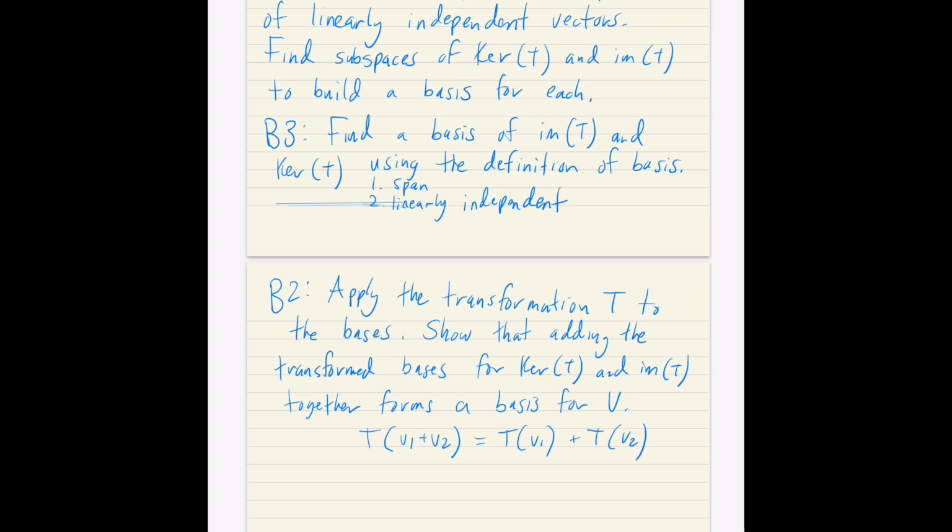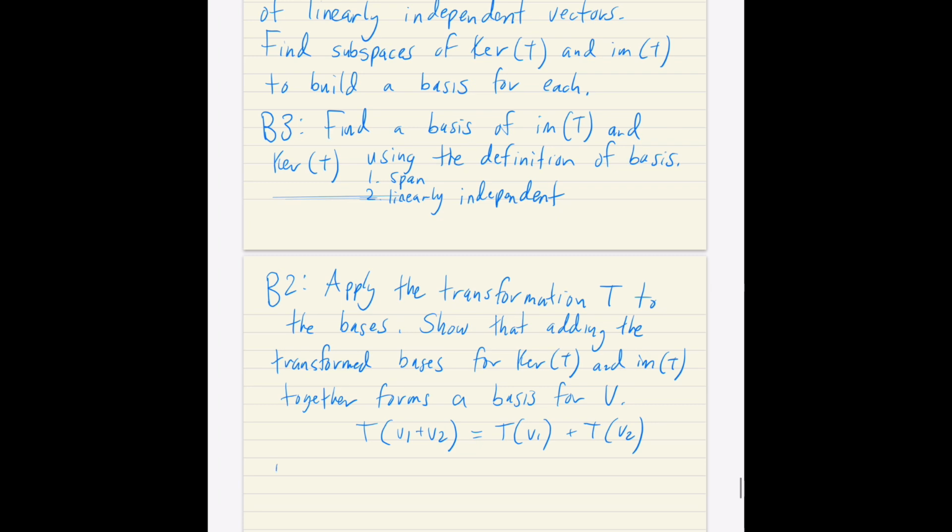And then finally, we know that the dimension of V is M, so we'll just call it the dimension of V. The statement we want is that the dimension of V, we know that that's also known as M, is equal to the dimension of the kernel of T plus the dimension of the image of T, and that comes right out of the previous statement.